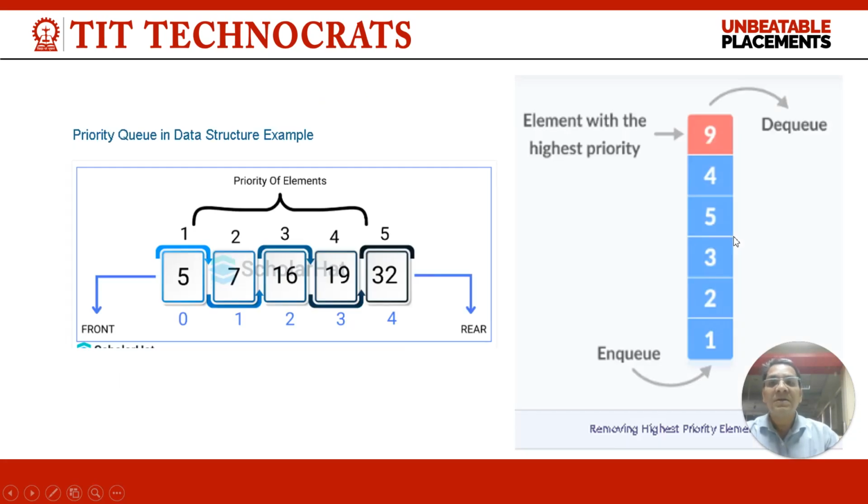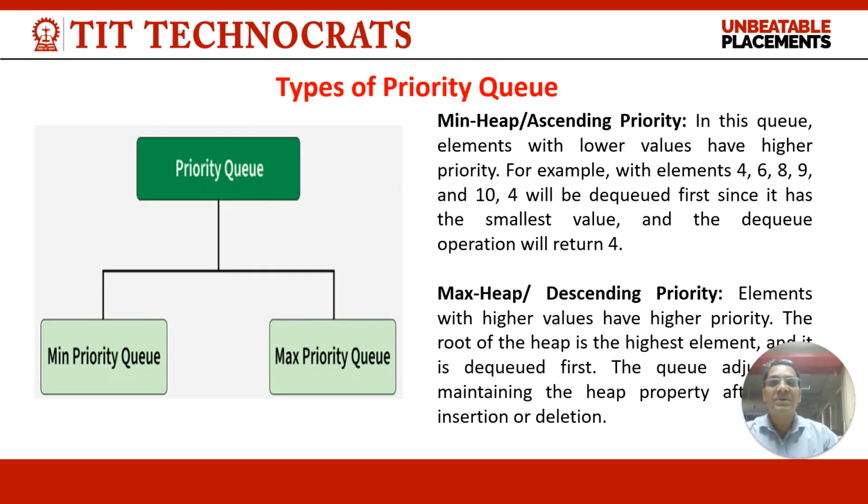This is a priority queue example in data structures, where the information field contains front and rear ends. Priority is also associated with each element, and enqueue and dequeue operations can be performed at both ends as per the priority of that particular element.